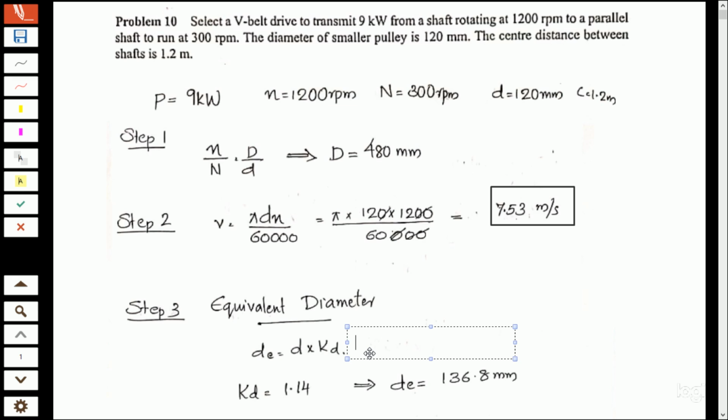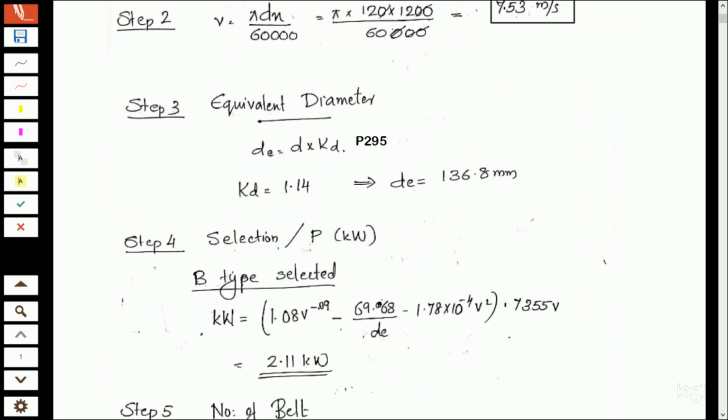This is given in the page number 295. Let us go and find out what is given in page number 295, and along with that the KD value, the correction factor, needs to be added here.